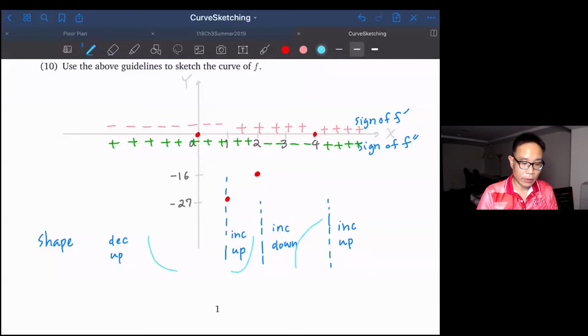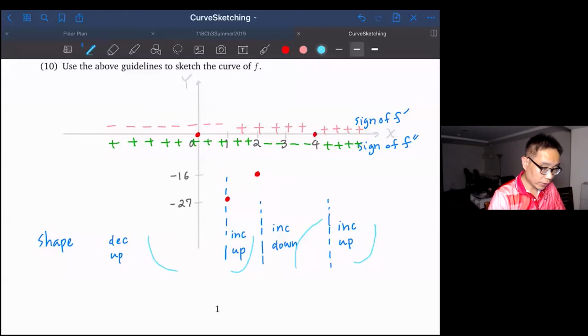And you have increasing concave up, so it's going to be this shape. So you see that you're going to combine these shapes of the graph together with the points that you already plotted into the function, and you're gonna gather them into one complete graph.